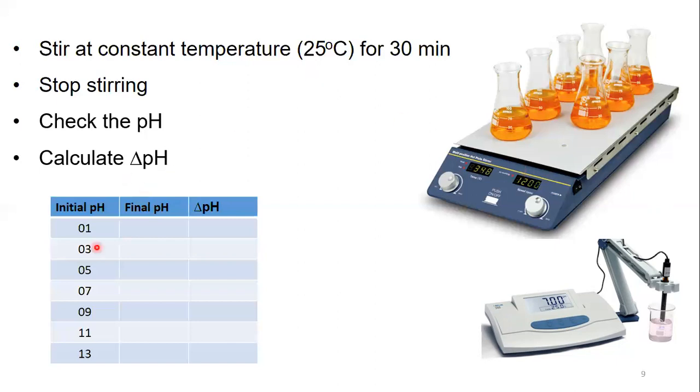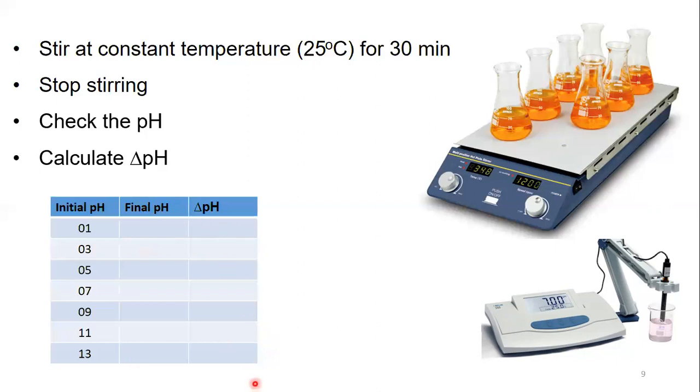So now you have the initial pH, and when you have stirred for 30 minutes at room temperature, you again find out the pH, and that will be the final pH. But I have not done this experiment, so I leave all of these blank for all of you, in order to tell you that you need this kind of table as well, that you need to draw in your notebook: initial pH, final pH, and then you have to plot the change in pH.